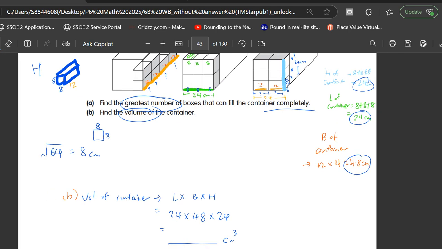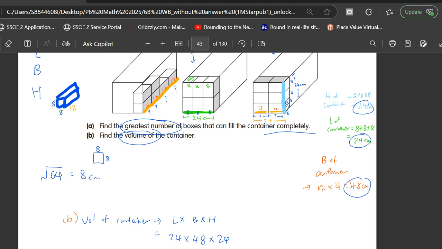Now that brings us to the previous question, which is another question that you need to visualize. Is this okay?